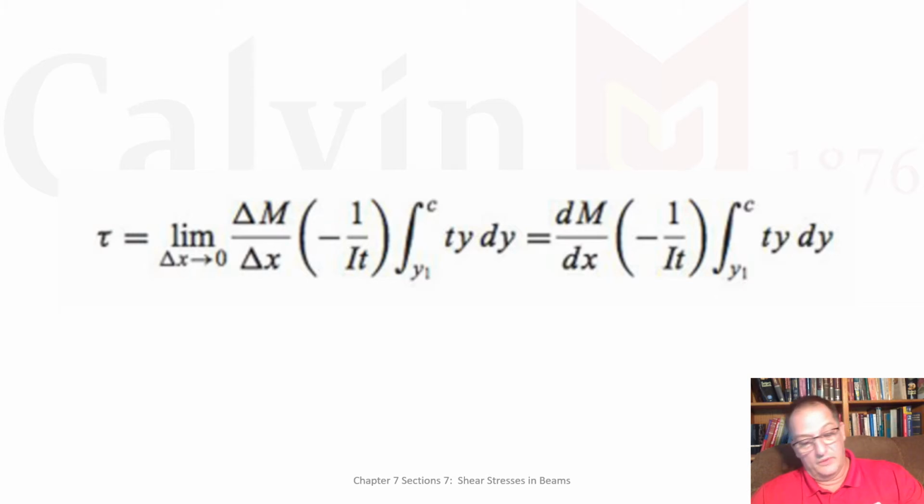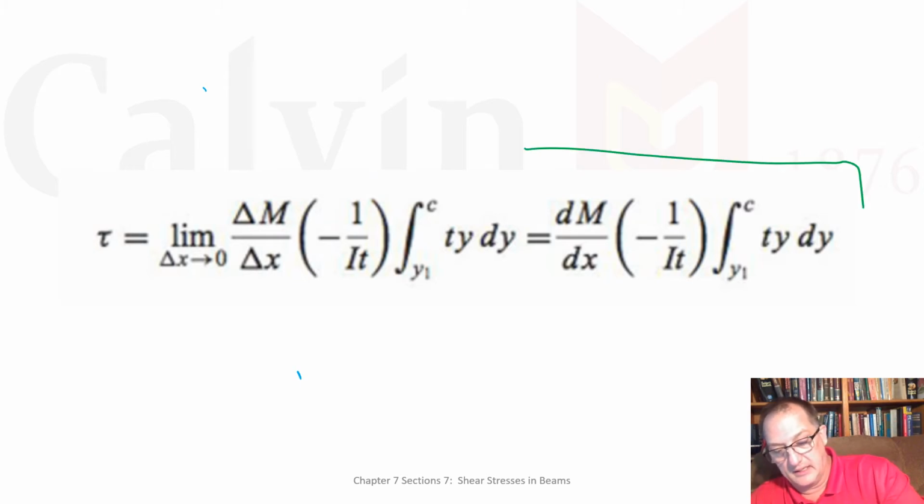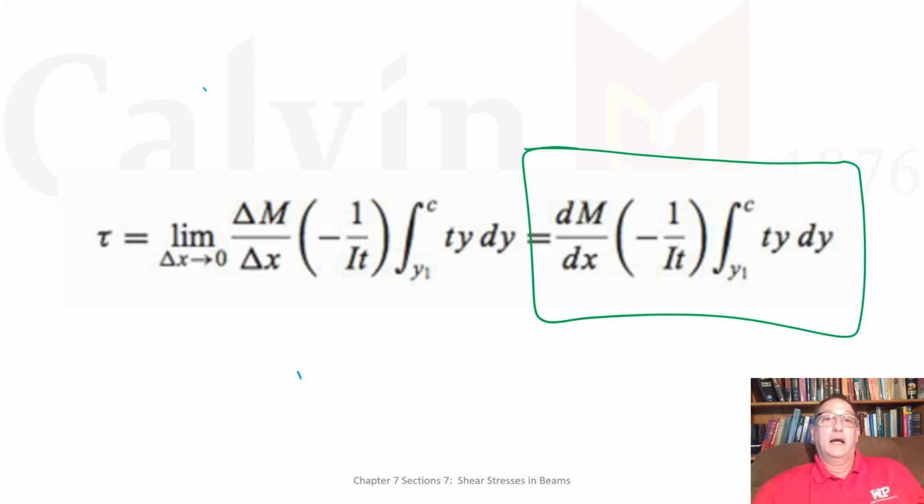And this has already been massaged a lot because I've got that I. Remember that I is really the integral of y squared dA. So I get to this formula coming out the backside there, and we can make some further simplifications.